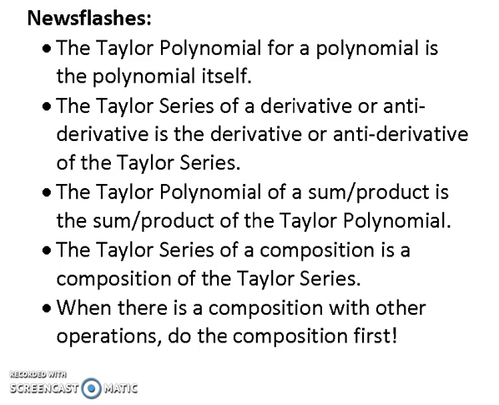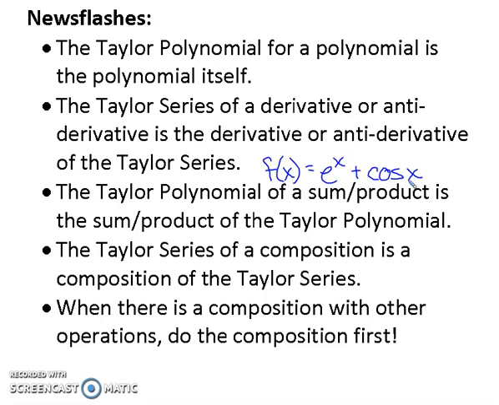So for example, if my function was e to the x plus cosine x, then I could just take the Taylor polynomial for e to the x and the polynomial for cosine of x and put them together to come up with the Taylor polynomial for e to the x plus cosine x. So we can deal with the terms individually and then just combine them.